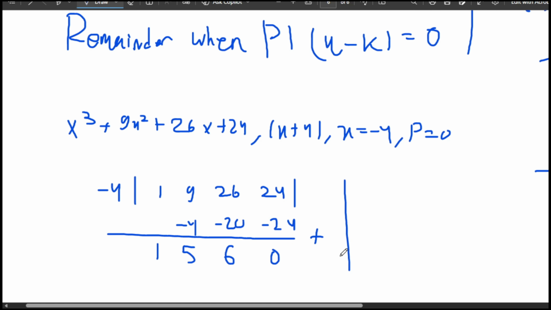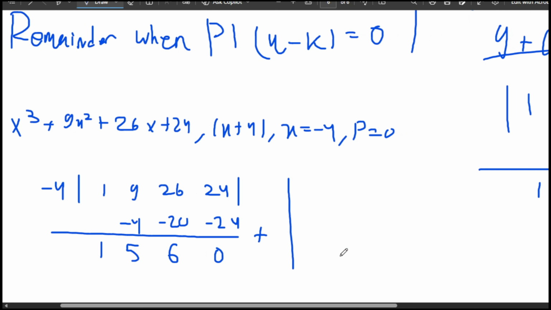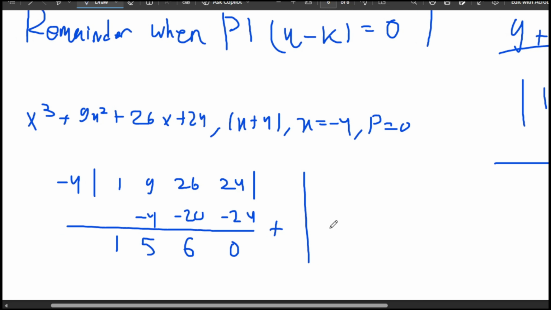So using the form of the remainder theorem, we have our divisor times the quotient plus the remainder. So our quotient would be x squared plus 5x plus 6.